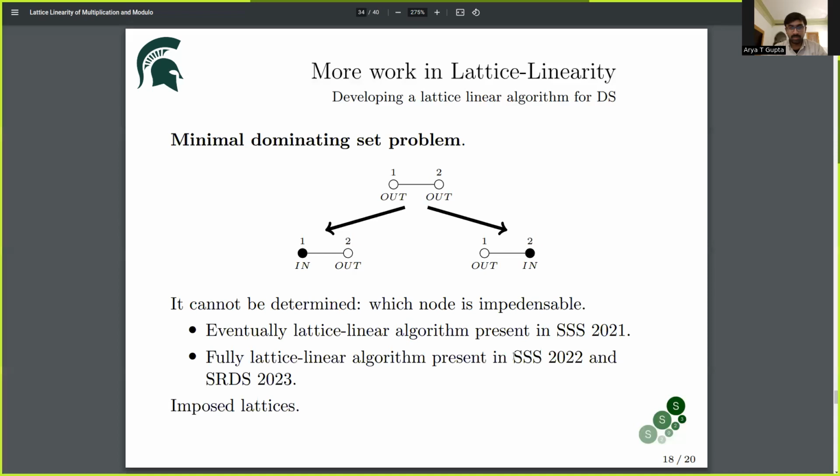SSS 22 was a brief announcement, and the full conference paper was accepted in SRDS 23. What these algorithms do is they impose lattices among the global states. Fully lattice linear algorithms are able to impose lattices in the entire state space, as opposed to eventually lattice linear algorithms.